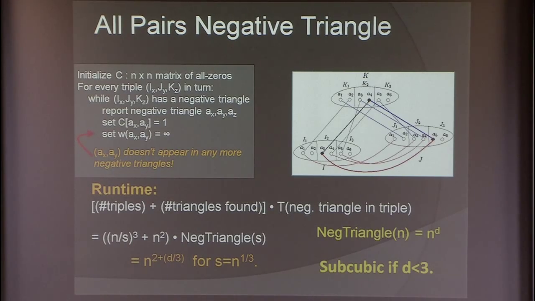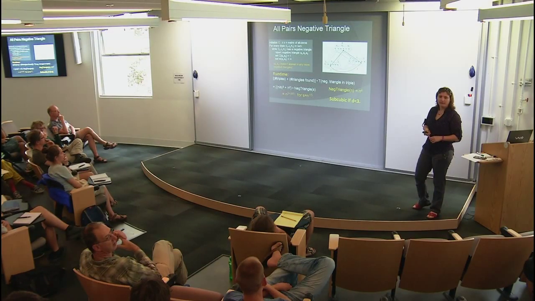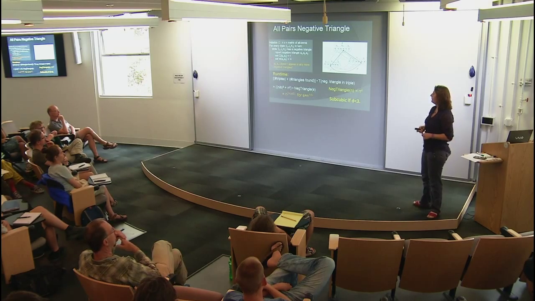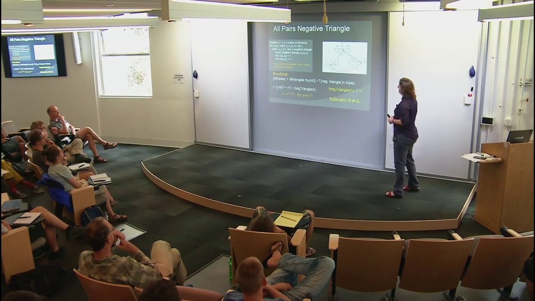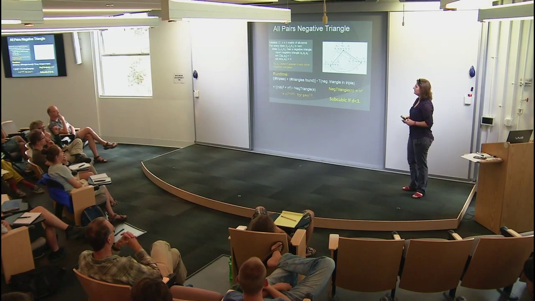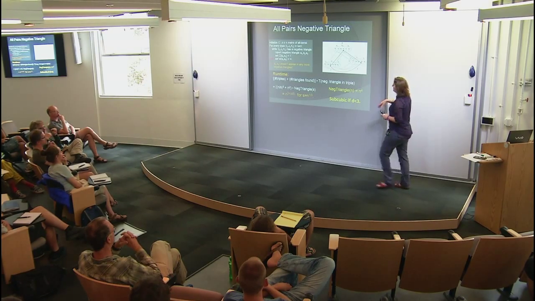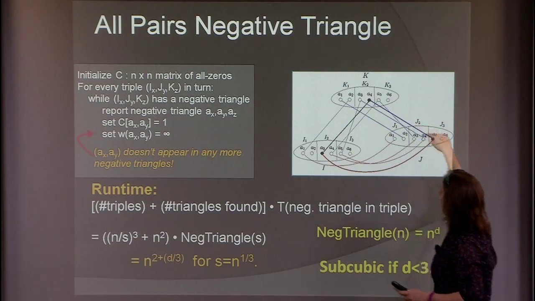We have similar reductions for other problems. Yeah. Is the reason why you don't set C of AX to C and C of AY to C and so on? Well, the question is, why didn't I set these two edges in the output?